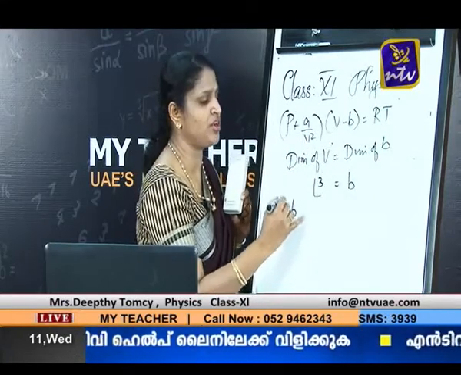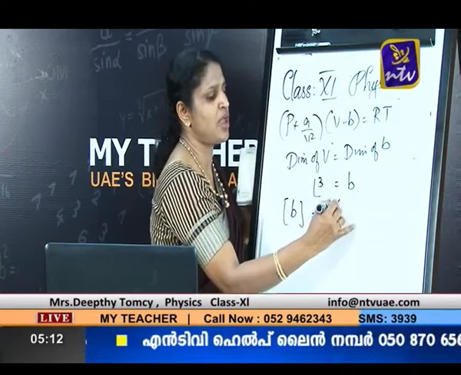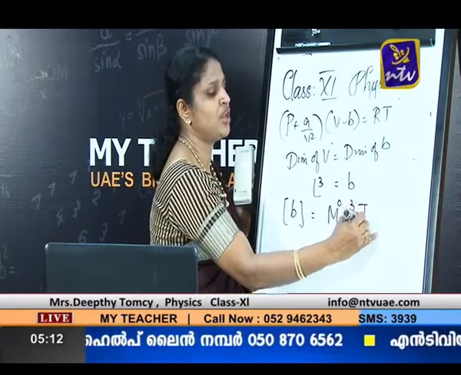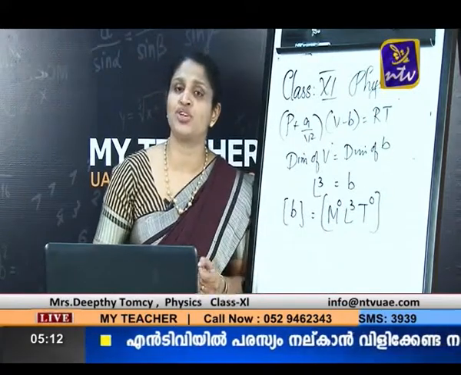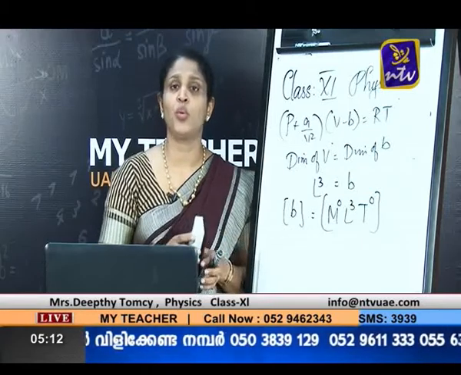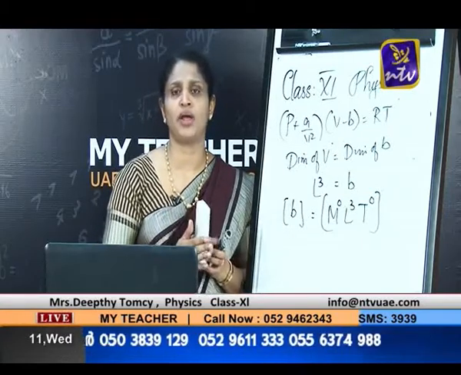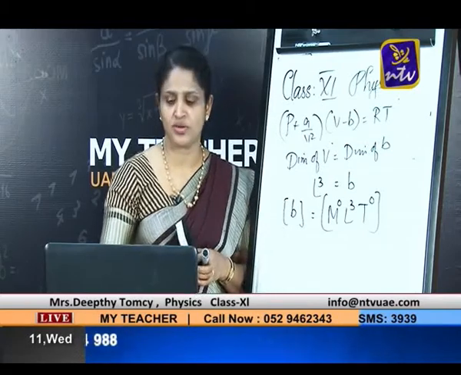If you want to write it as a dimensional equation, we can write it as M^0 L^3 T^0. Thus we can find the dimensions of a and b using this method of equating quantities of the same kind, same dimensions. Okay. Now we will go to the next question.